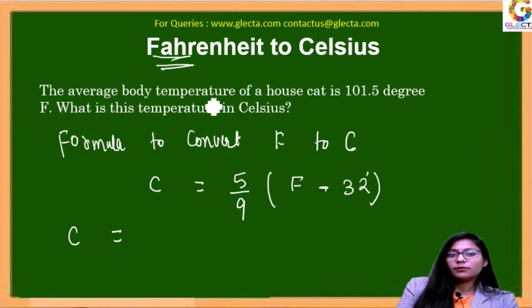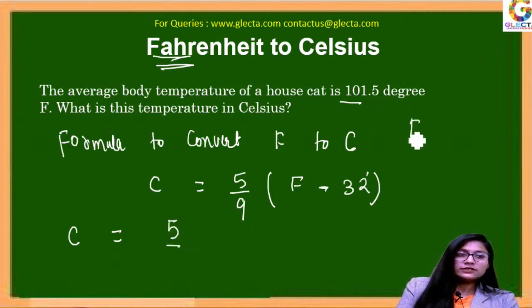The only thing you have to do for this question is put the value of F. The average body temperature of a house cat is 101.5 degrees. So F is equal to 101.5.